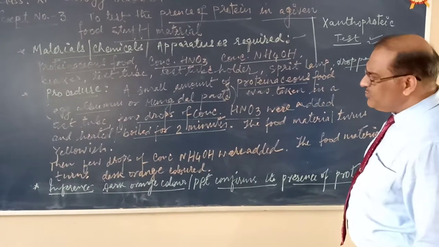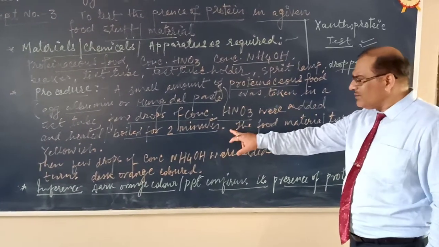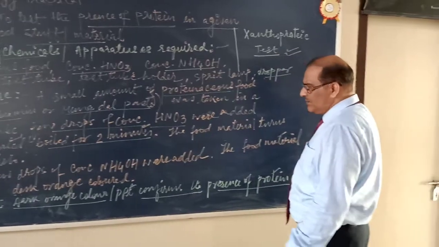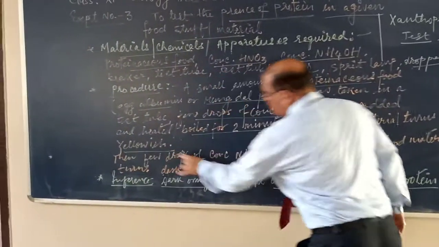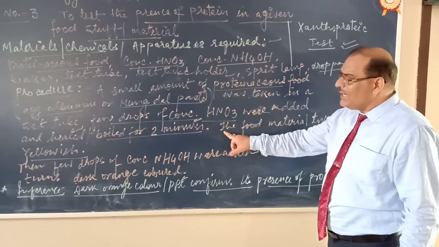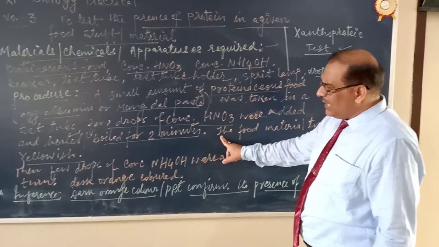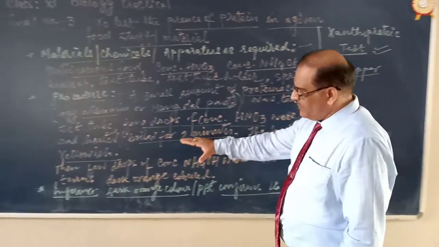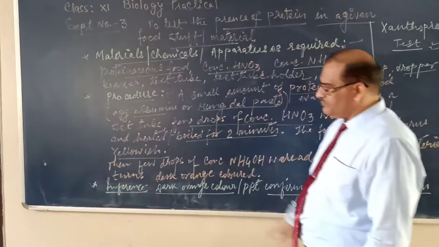On boiling, it solidifies, becomes solid and yellowish in color. So after adding a few drops of conc HNO3 and heating, it becomes solid and light yellow in color.